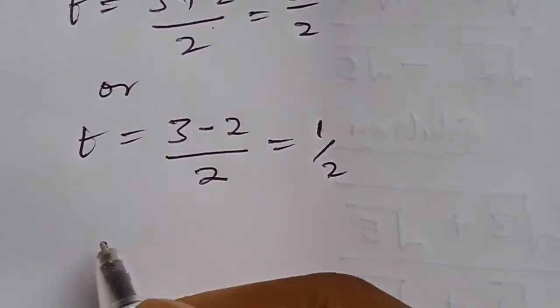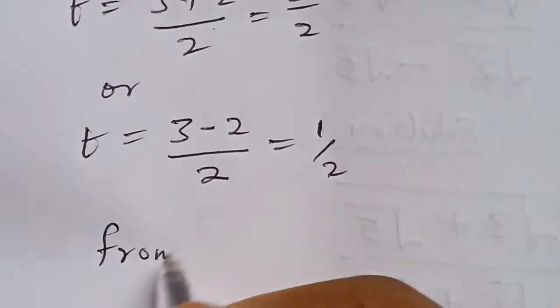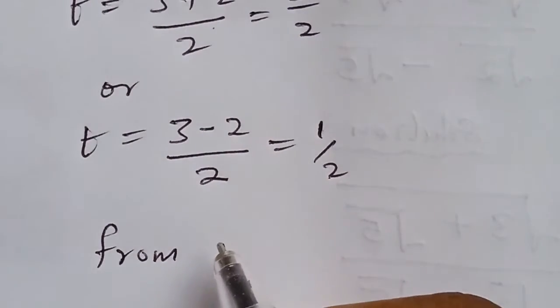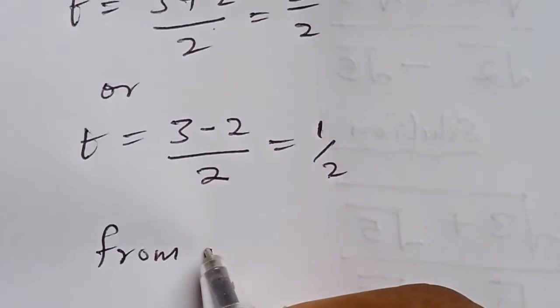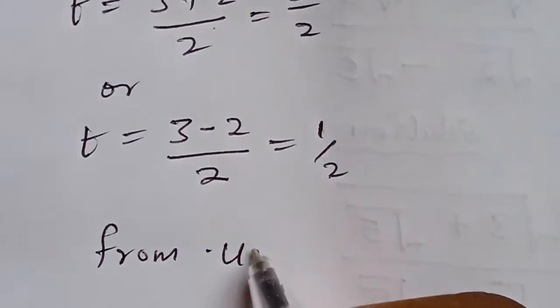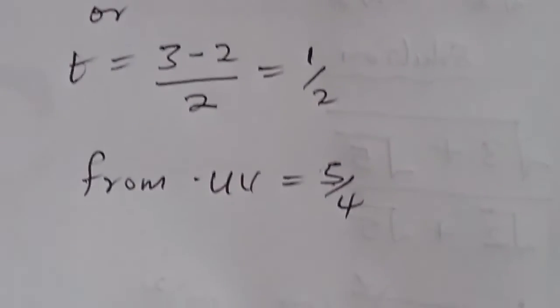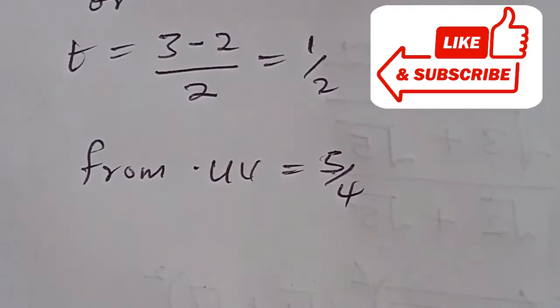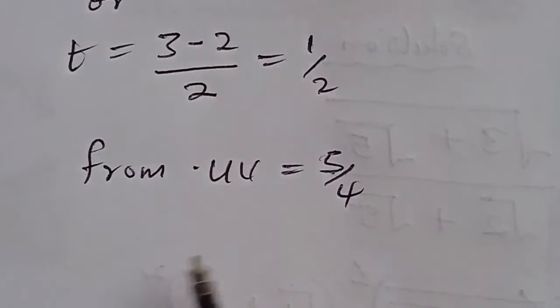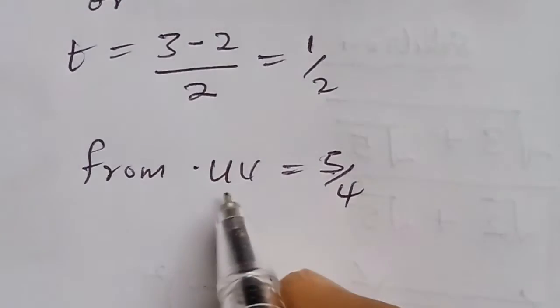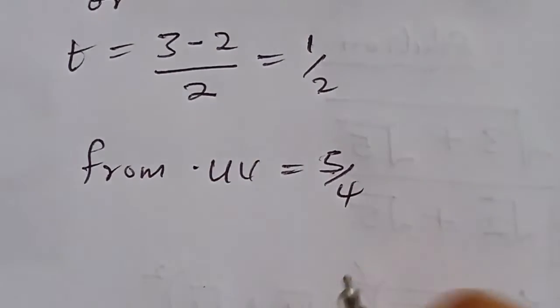Now from equation 2, we have that uv equals 5 over 4.